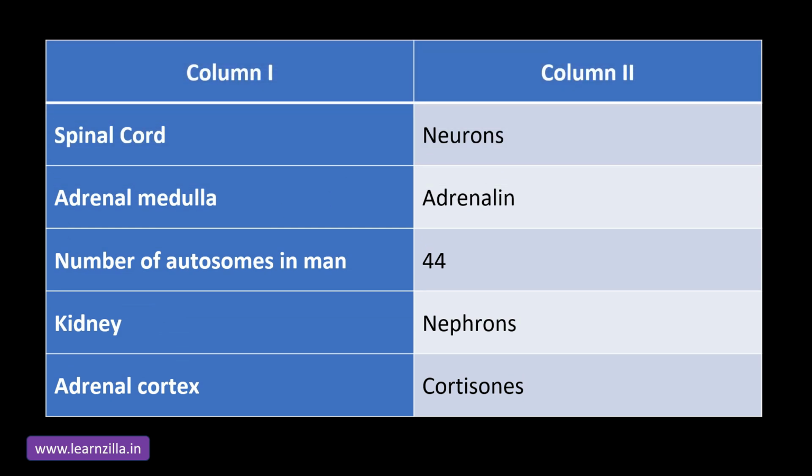Spinal cord, neurons. Adrenal medulla, adrenaline. Number of autosomes in man is 44. Out of the 46 chromosomes, 44 are autosomes and the last pair, XX or XY, will be the allosomes or the sex chromosomes. Kidney has the nephrons. Nephrons are the structural and functional unit of kidney, right? And cortisones are produced by the adrenal cortex.